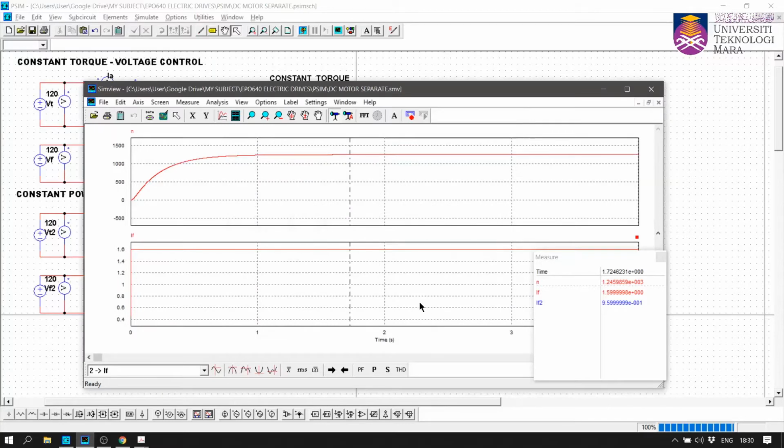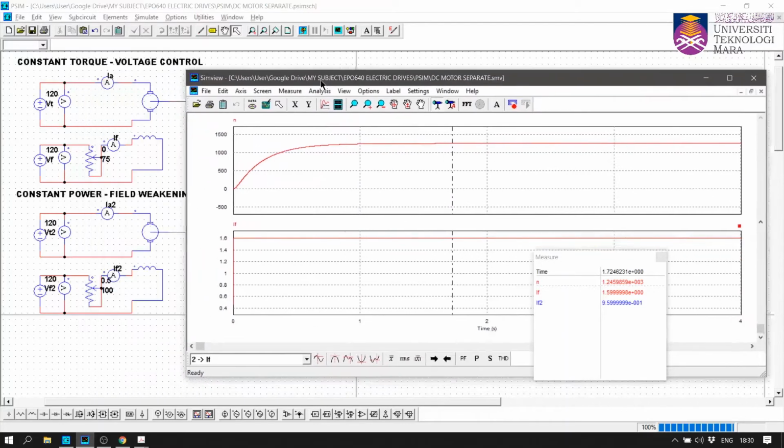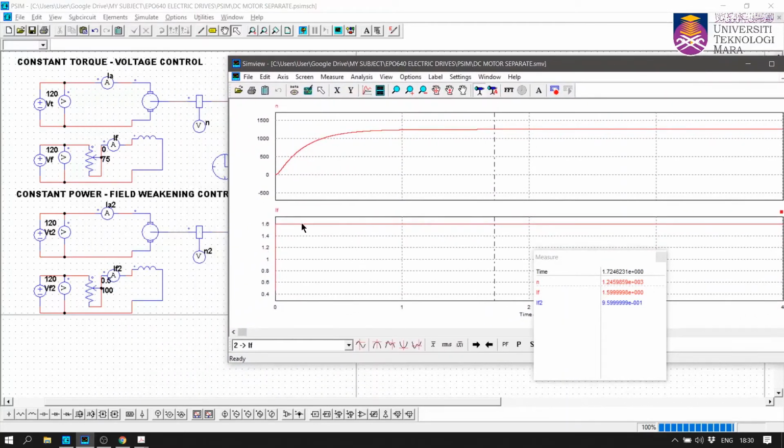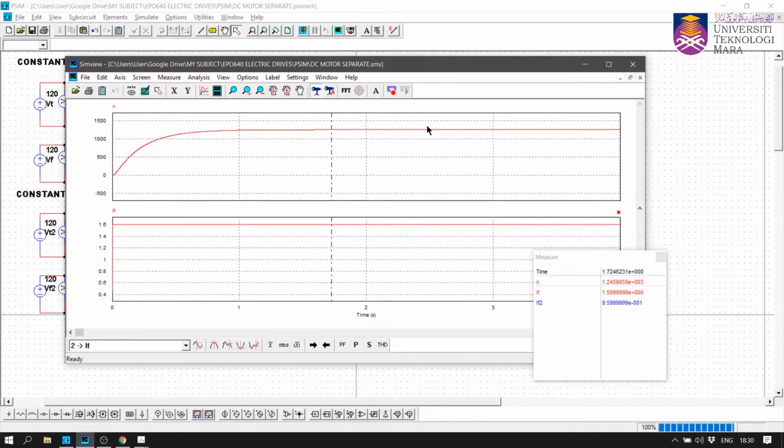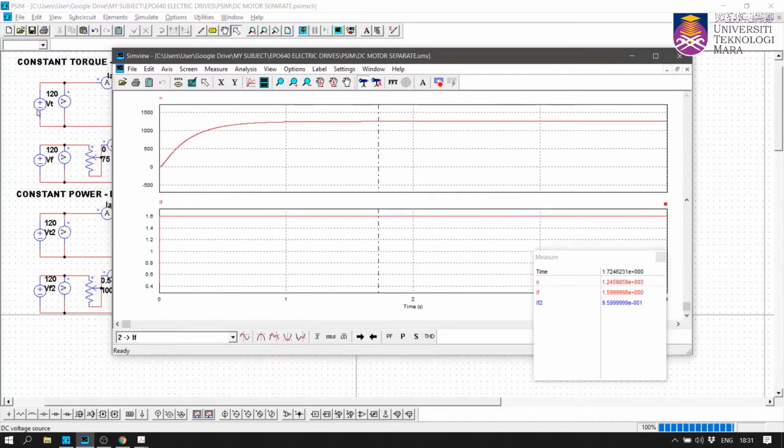Look at that. The IF, which is the flux current, the field current, is 1.6, which is the rating current. And if you look at the speed, now it reached 1200 RPM. So this is the required RPM with the 120 volts.